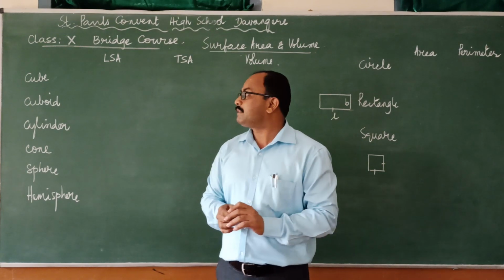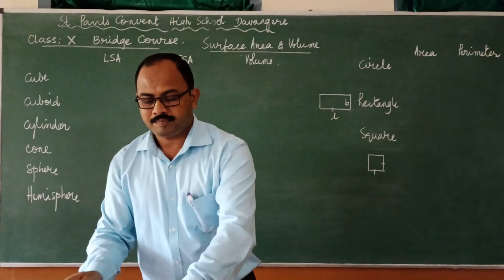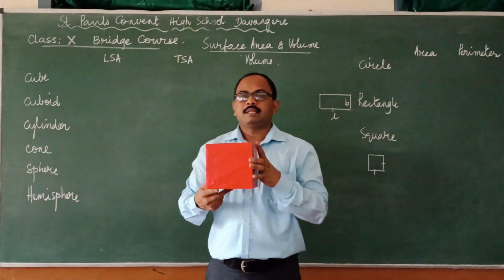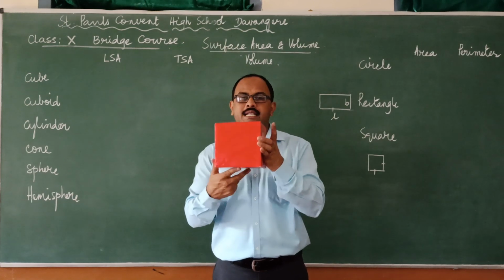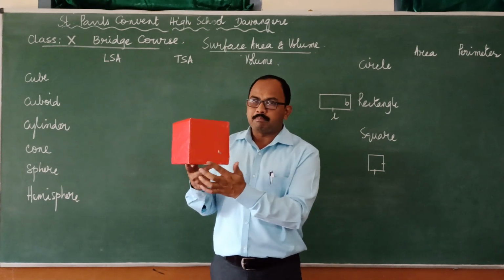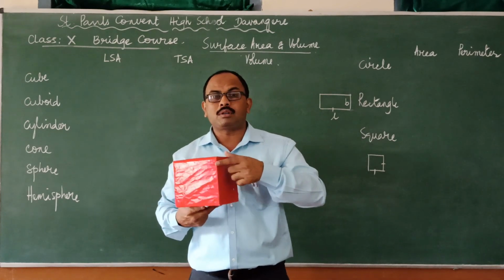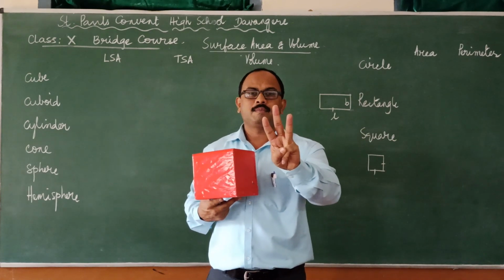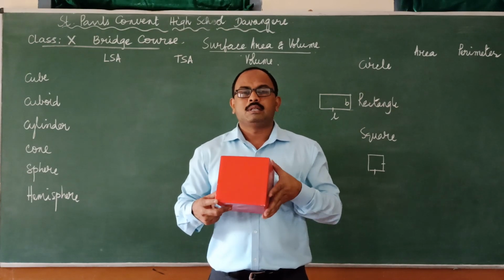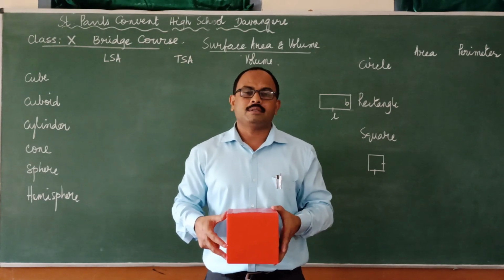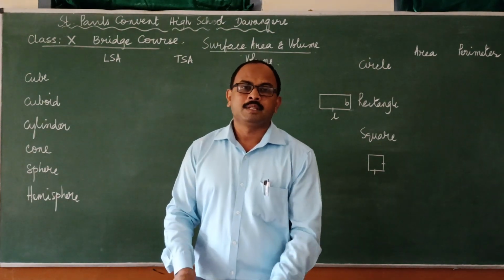But whereas if we consider a cube, children, this is base. If this is the length, this will become breadth, this will become height. Therefore, it has three pieces of information. Therefore, it is three-dimensional, which has length, breadth and height. Therefore, it is a three-dimensional figure.